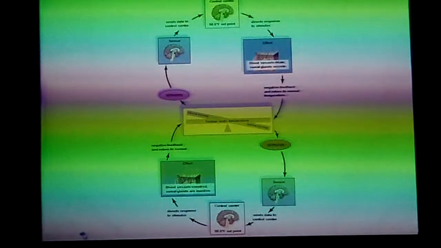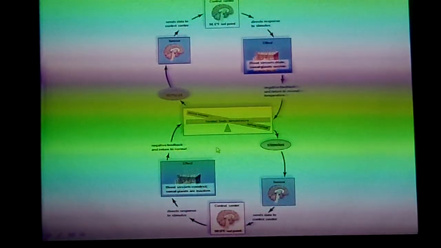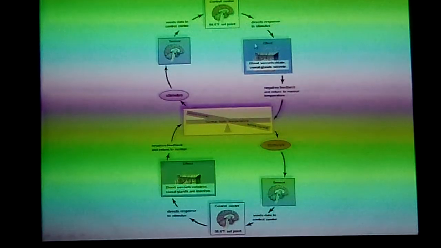So your body has a thermostat too. It's in your brain. And your body's thermostat, if it gets too cold, then signals will be sent to your... I guess up here at the top is if it gets too warm.